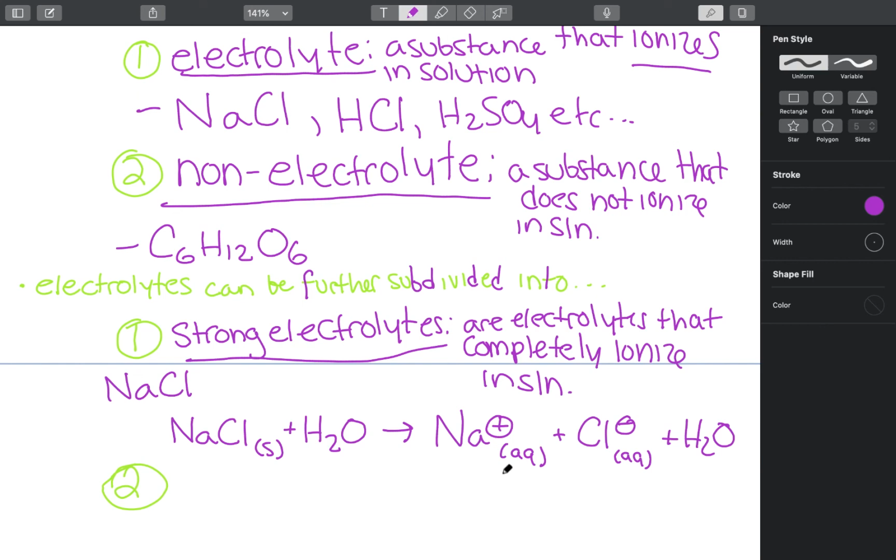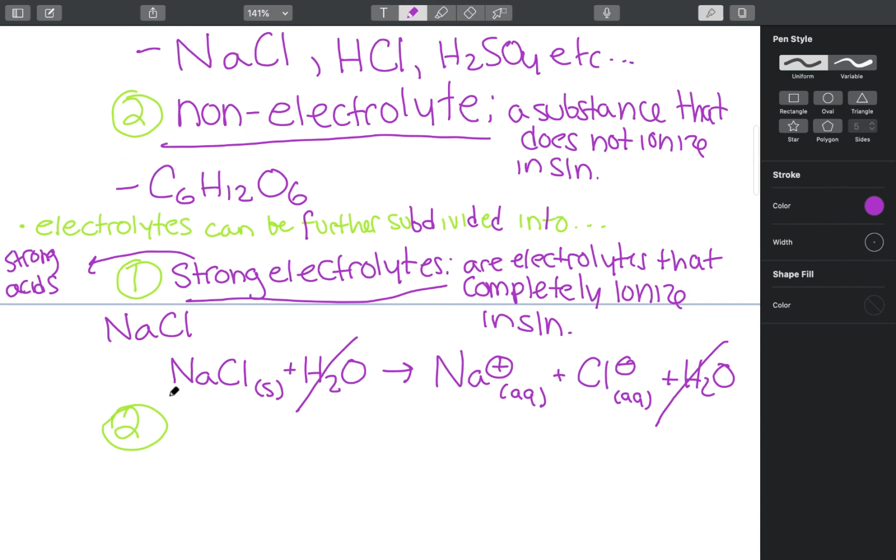So this would be an example of a chemical equation showing a strong electrolyte. And note, I only put the water in here to show you that it's dissolved in water. If you were to see this in a general chemistry textbook, you would not have the water in the equation. You would just have the sodium chloride and then the two ions. Other examples of strong electrolytes are these strong acids, and we will get into some strong electrolytes in future videos.